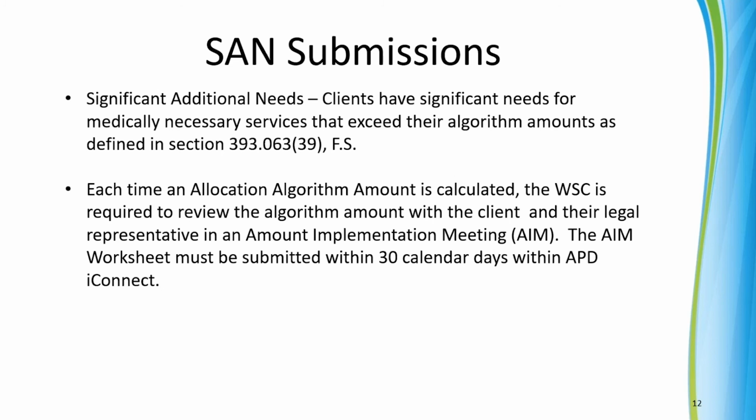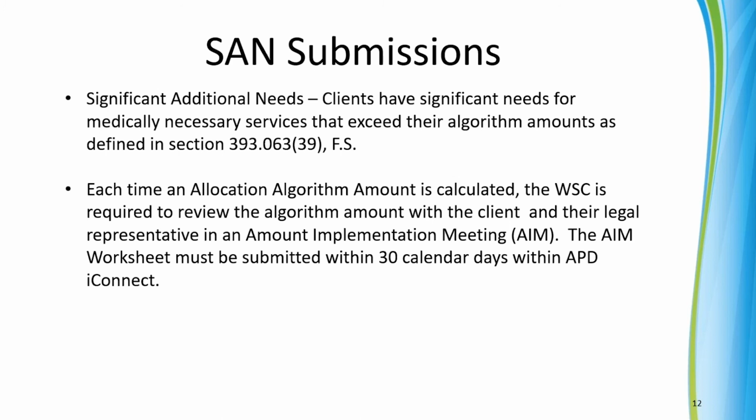And then please remember when the AIM is needed, because we send a great deal of requests for additional information just for AIMs. So remember that anytime a person's algorithm amount changes, you are supposed to go through that process again, where you request the new algorithm amount from the region, and you discuss that amount with the client and their support team, to determine if their needs can be met within that new algorithm amount, and if not, complete the AIM, the amount implementation meeting worksheet, to submit with the SAN.